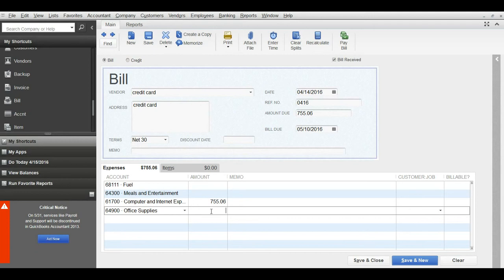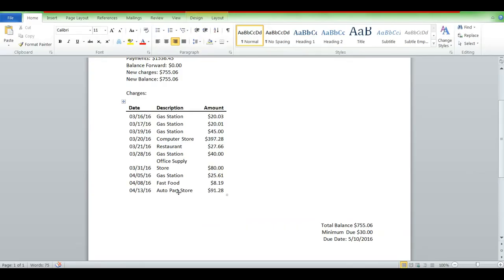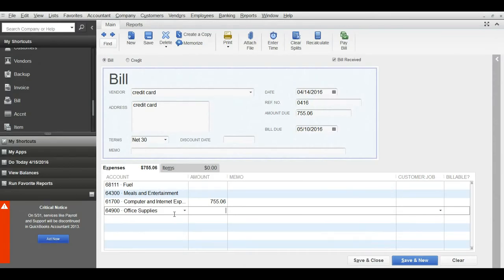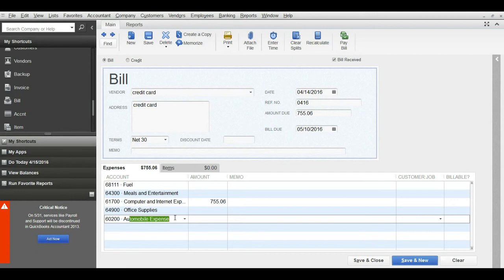Office supplies. And I usually don't do this ahead of time, but this is just a slower example. Automobile expense.